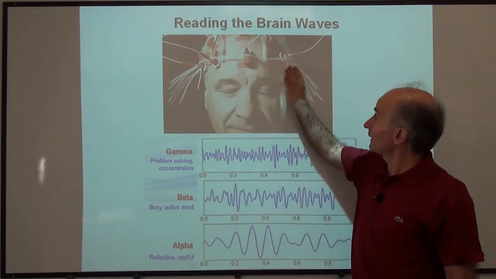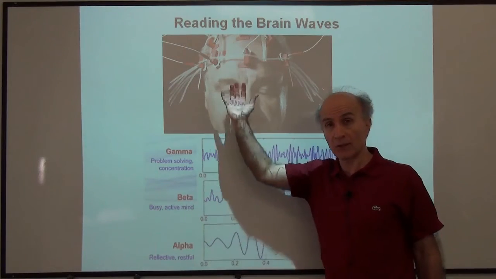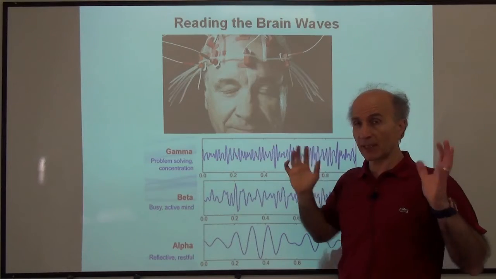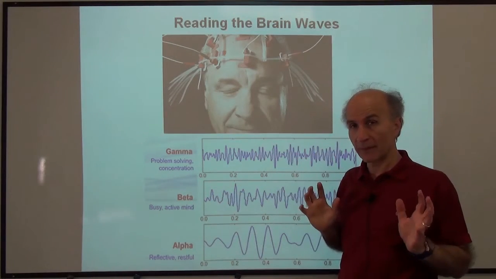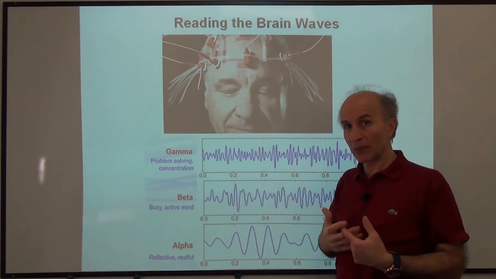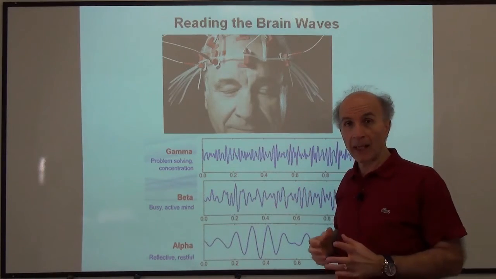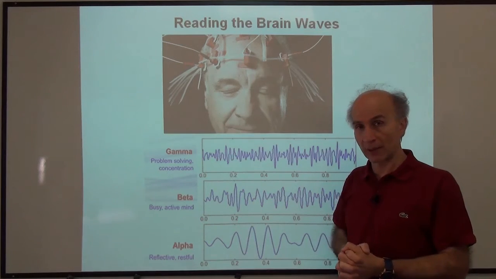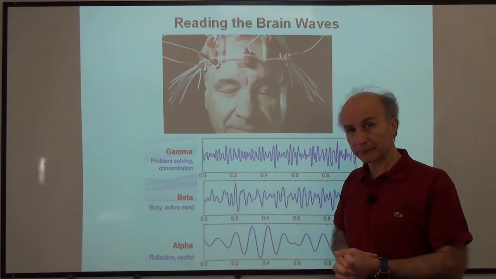So we can attach all these electrodes and these wires to the head, but then that's very cumbersome. The patient has to sit in some place and we have to attach all of these things. What if we want the patient to be able to move around and still collect the brainwave information? How do we do that?